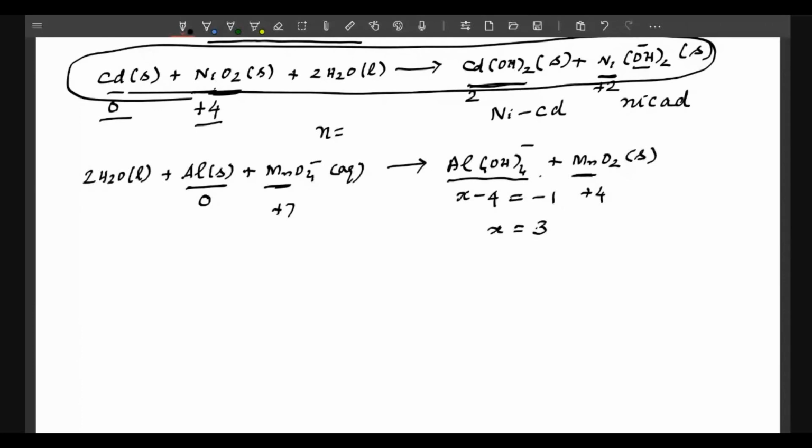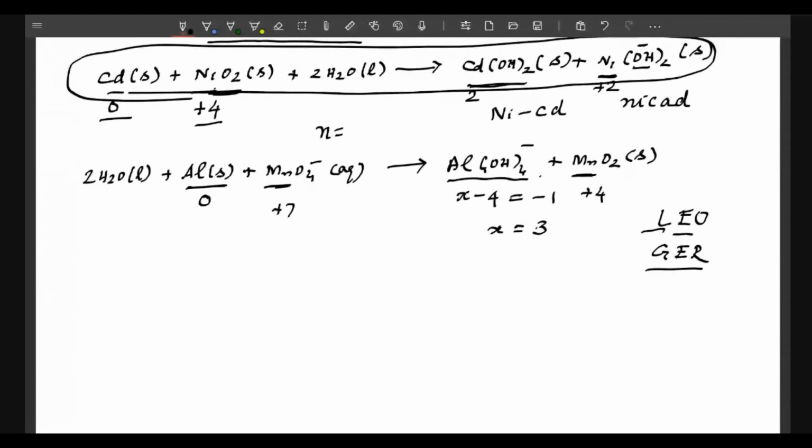Accepting electron is called reduction. You can have one mnemonic for this, LEO the lion says GER. L for losing, E for electron, O for oxidation, LEO. Then another is GER. What is GER? Gaining electron is called reduction.